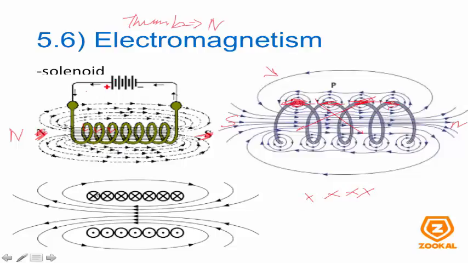You follow the crosses and dots; your fingertips enter into these crosses over here to show that the current is going into the paper. So your knuckles are actually here, and your fingertips are at this end. When you curl it up using the right hand grip rule, your north pole again will be over here and your south pole will be over here.